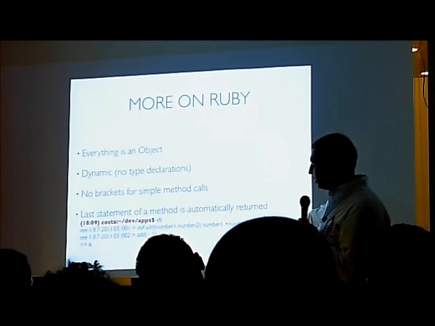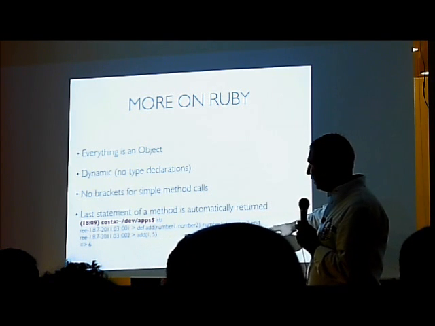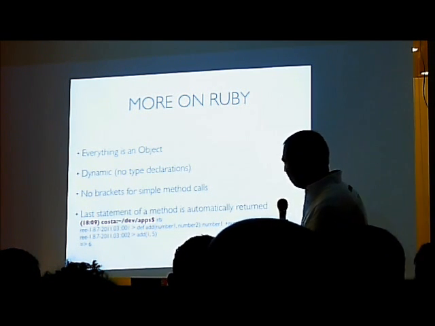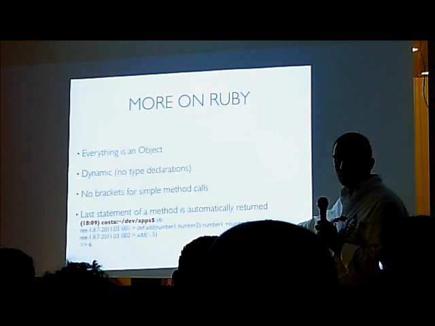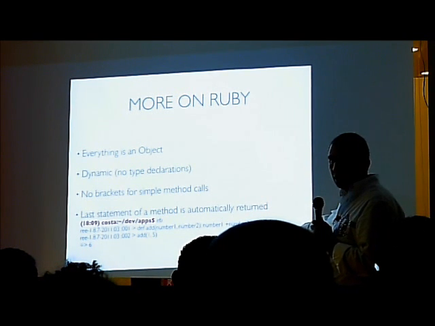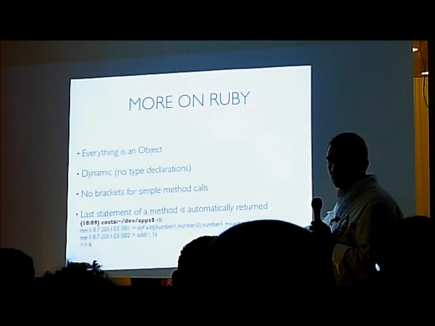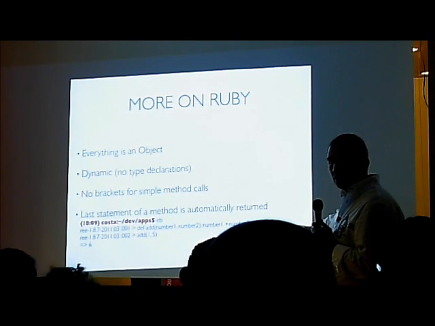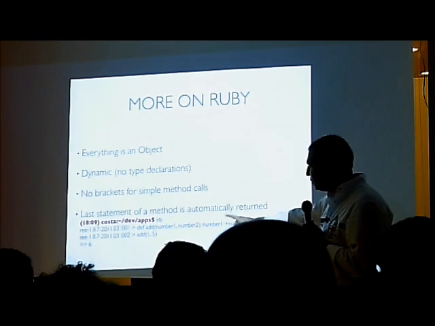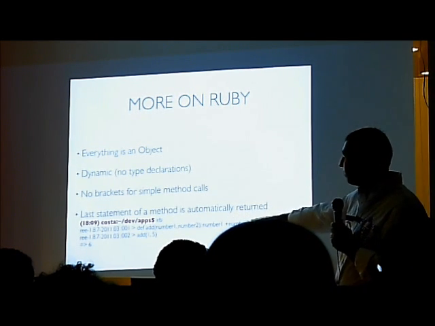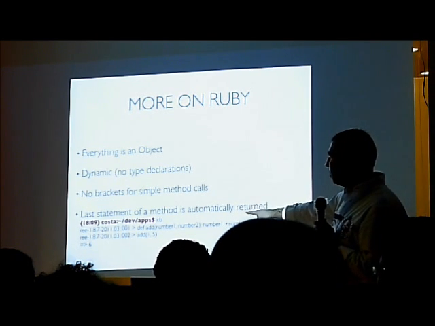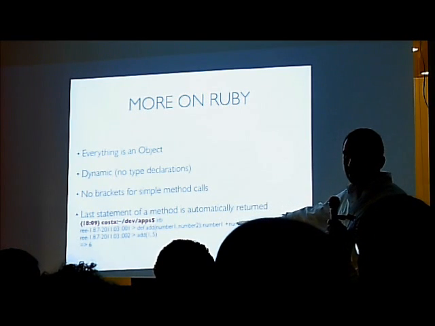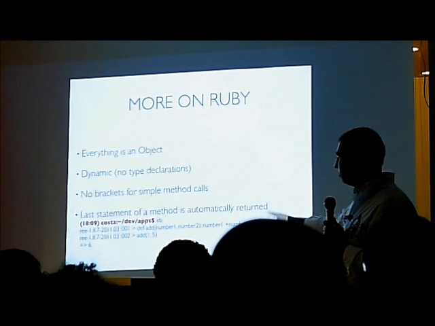This is an example that I did a few minutes ago. So I fired up IRB, which is interactive Ruby. You can fire it from the terminal on your computer. So it loads Ruby. I defined a method. This is how dynamic it is. So def add, number 1, number 2. The method name is add, and the arguments are number 1, number 2.